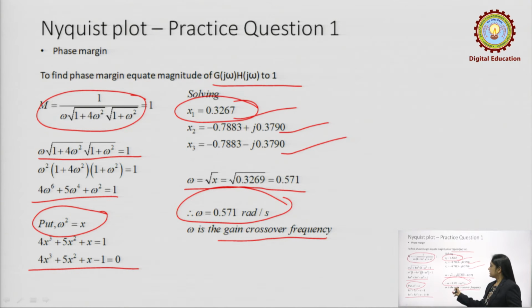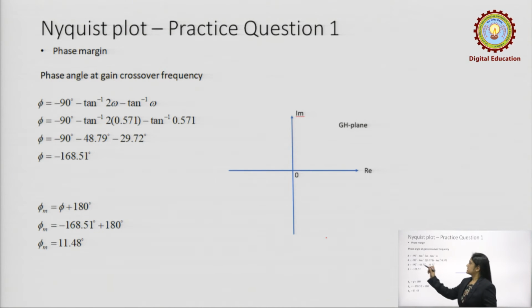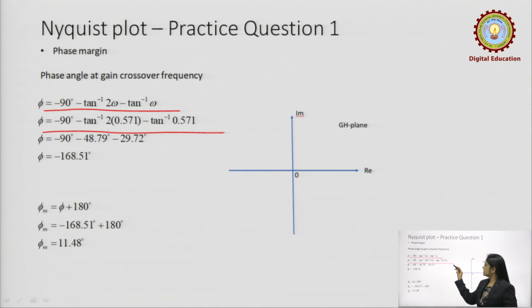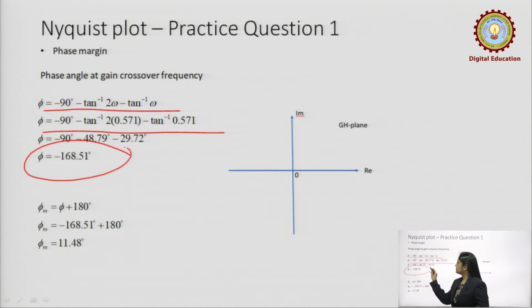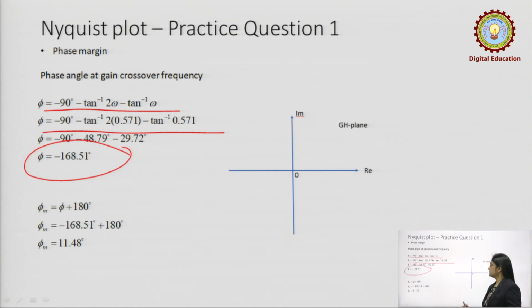Now, we need to find the phase margin. That means we have to substitute this value of omega, that is the gain crossover frequency, in the phase angle equation. So, we simply substitute omega here and find that the phase angle is minus 168.51 degrees.